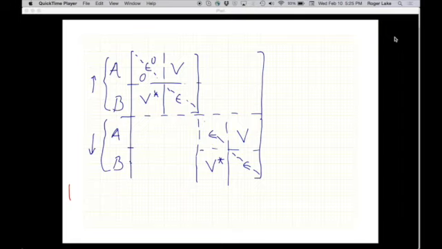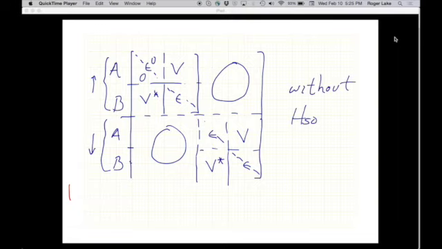So each one of these blocks I've drawn is 8 by 8. It's the same thing we wrote down before. We just doubled the size, and there would be absolutely nothing coupling these two big blocks. So this is without the extra term that we're going to add. This is sort of where we are.